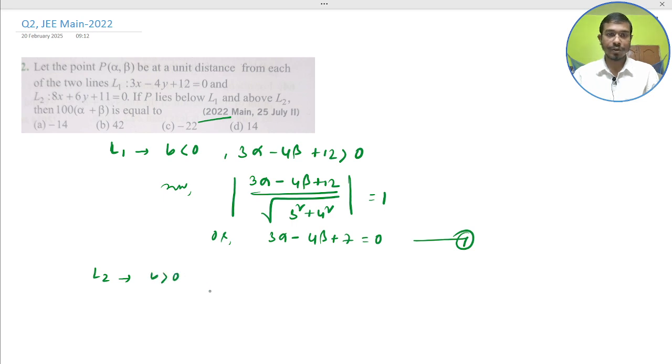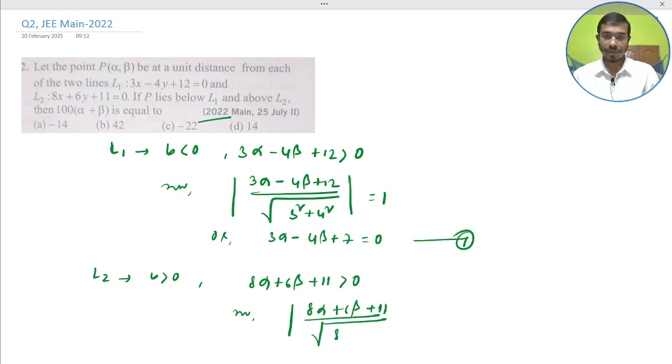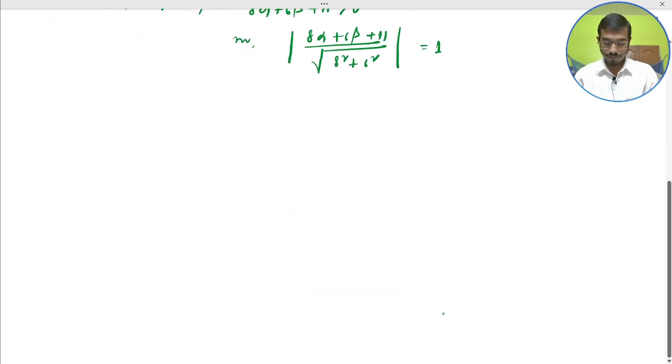Next, line 2. Here b is greater than 0. That means 8 alpha plus 6 beta plus 11 is greater than 0. Now, 8 alpha plus 6 beta plus 11 divided by square root of 8 square plus 6 square is 1, or this is 8 alpha plus 6 beta plus 1 is 0.